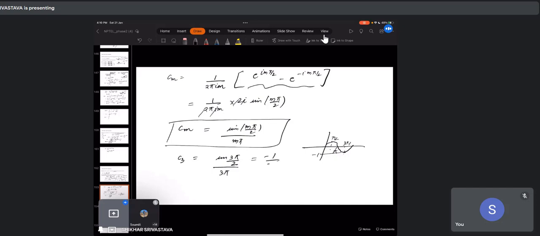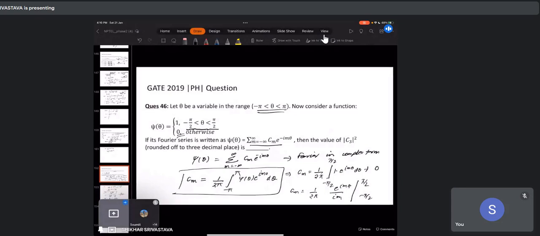So it is minus 1 upon 3 pi. So this will become square of it, and I think it is something around 0.011, because in the question they have asked up to 3 decimal places. So you just use this simple formula to find the coefficient C3. Okay.